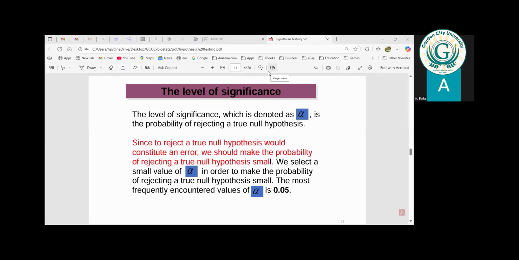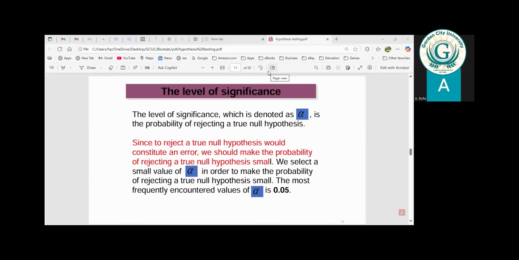This significance level is also referred to as the type 1 error, the error that is associated with rejecting a true null. Whenever you set your alpha level, it is telling you the error associated with rejecting a true null.